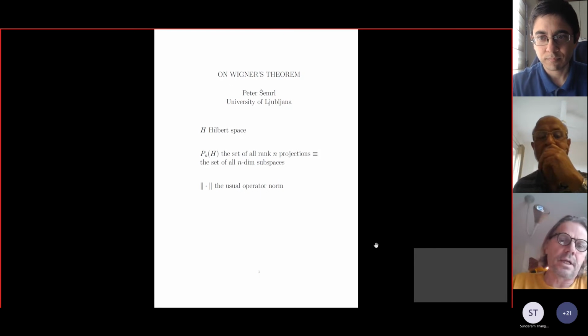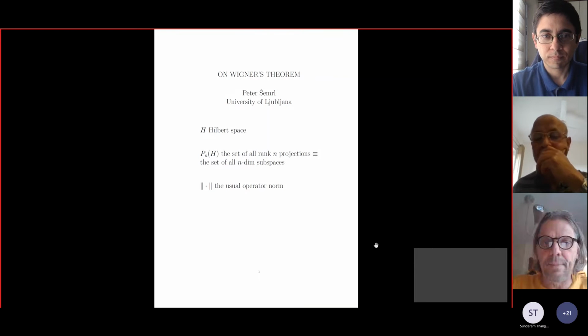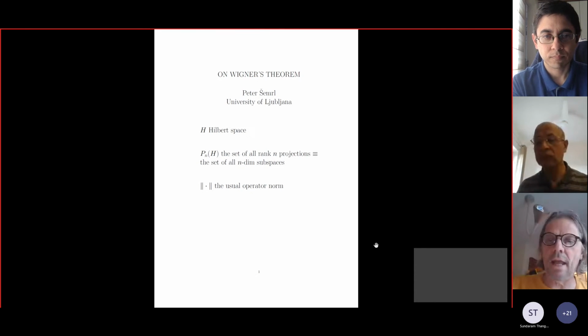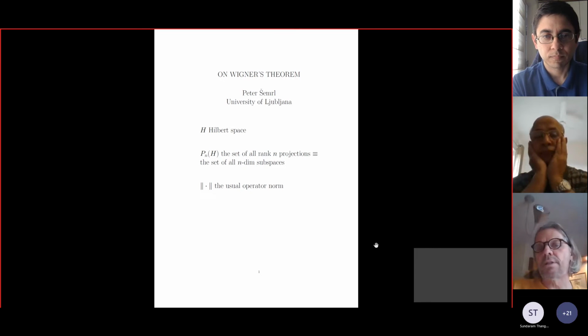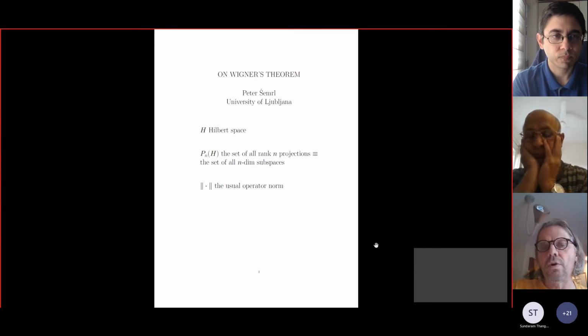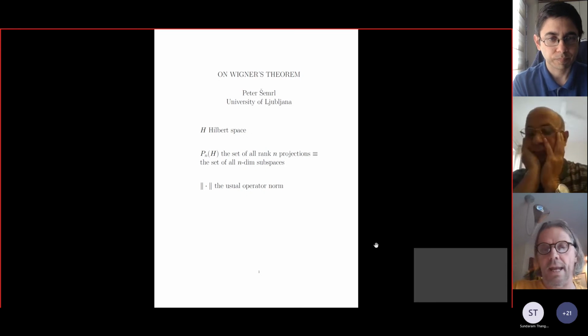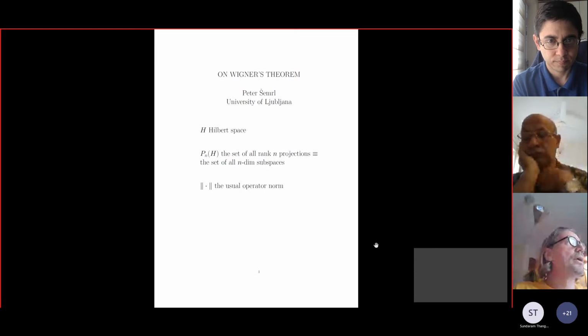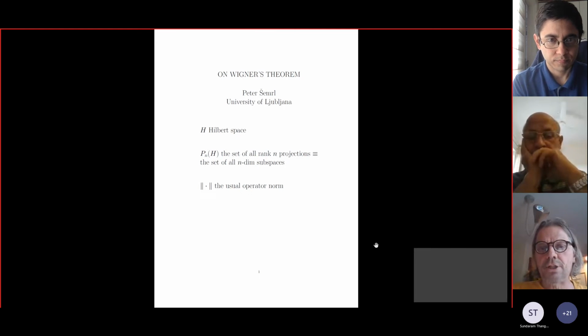Because the kernel is the orthogonal complement, a projection of rank n can be identified with its image. So we can speak either of the set of all projections of rank n, or of the Grassmann space, the Grassmannian of all subspaces of dimension n.